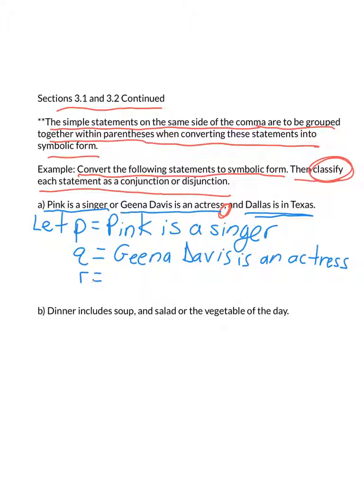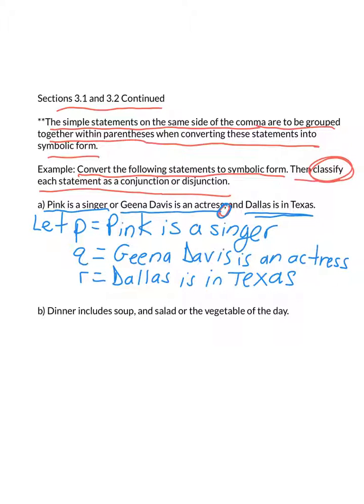So we have an R. So let R represent that Dallas is in Texas. And that's what I mean by 3 separate ideas: you have letters up through R, all in the same sentence. So that is your cue to look for that comma because it's going to affect where we put parentheses. Step 2, we go back through the sentence yet again and bring in the symbols.